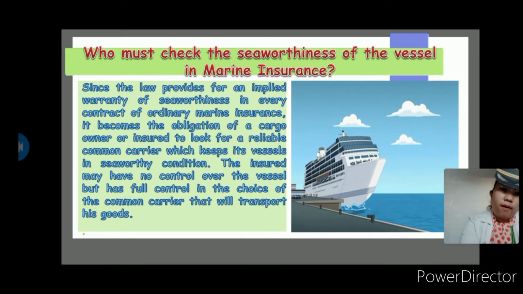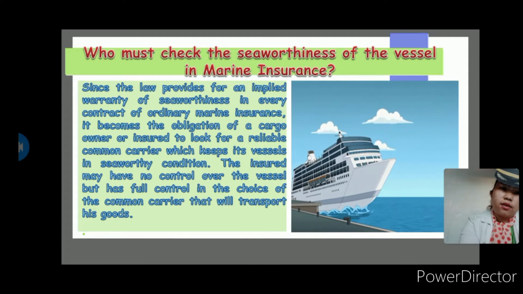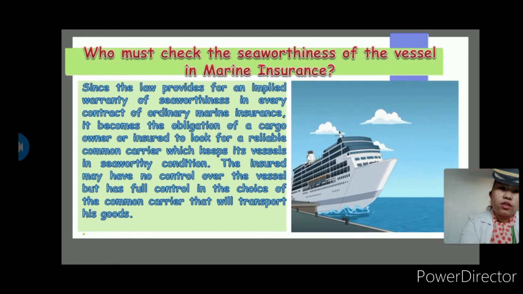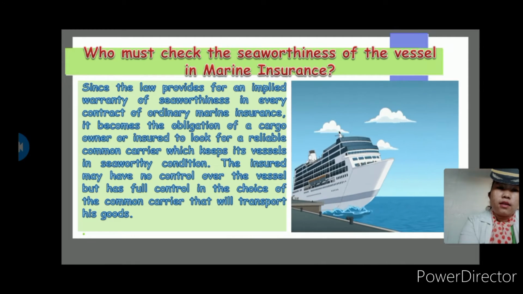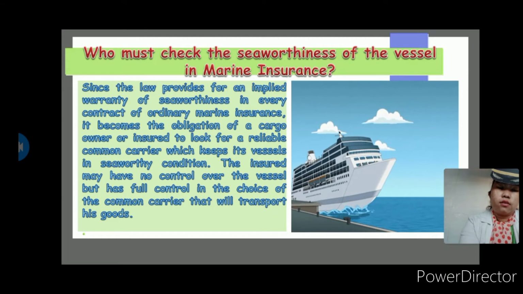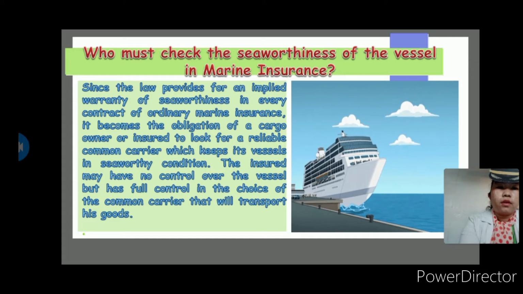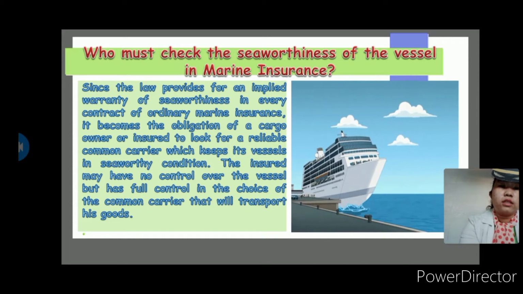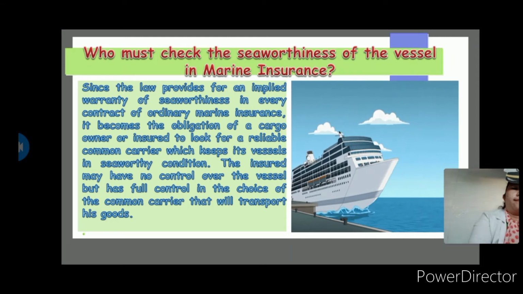So therefore, it is the responsibility of the insured that the vessel which will carry its goods or cargo is a reliable one, which keeps its vessel in seaworthy condition.